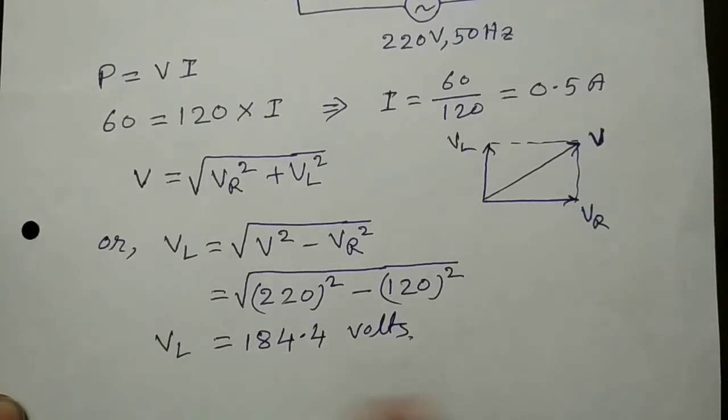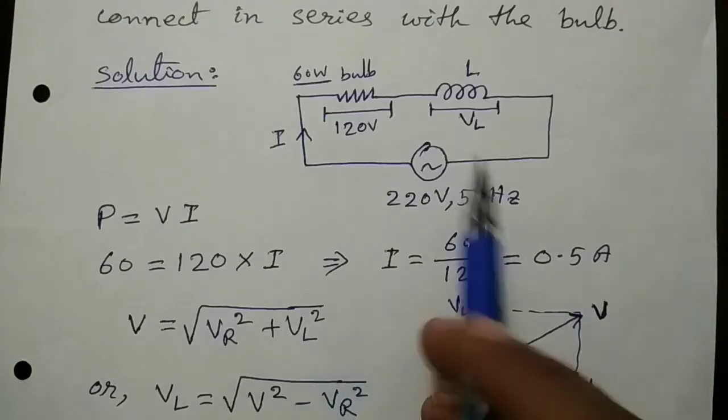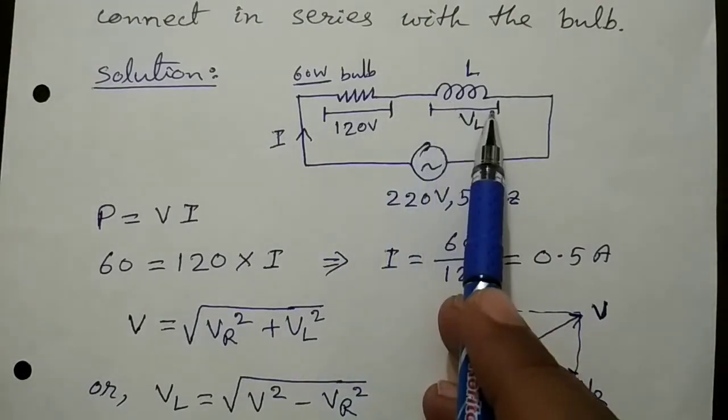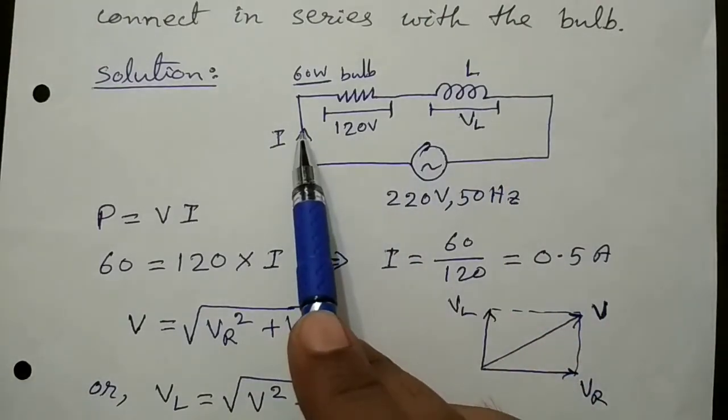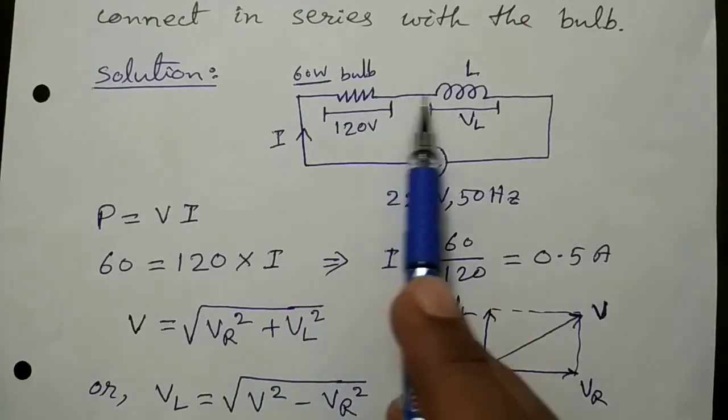The voltage drop across the inductance VL can further be written as I into XL. As in the circuit, the inductance is connected in series with the bulb, the same current that flows into the bulb will also flow through the inductance.